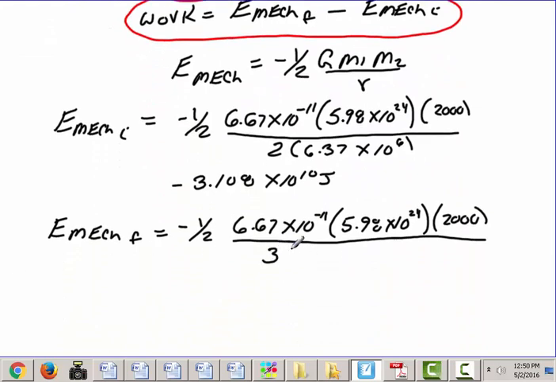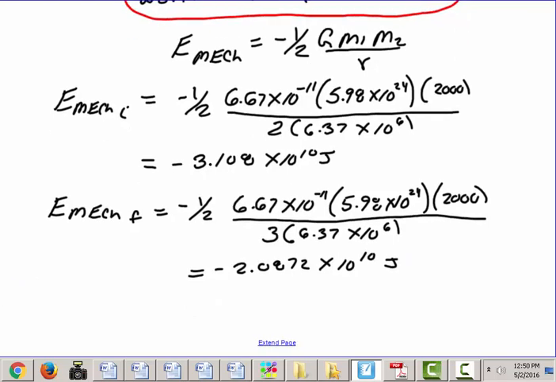So I put 3 times 6.37 times 10 to the 6th. Run that value, and that's going to give me minus 2.0872 times 10 to the 10th joules.